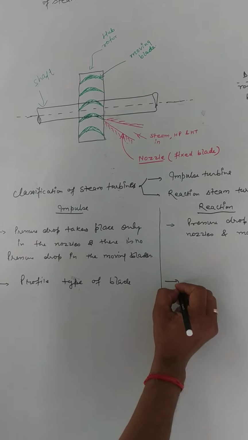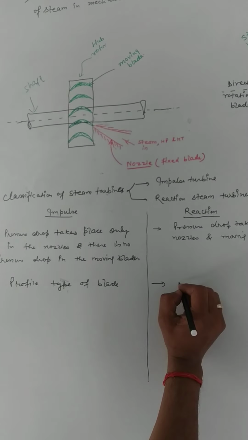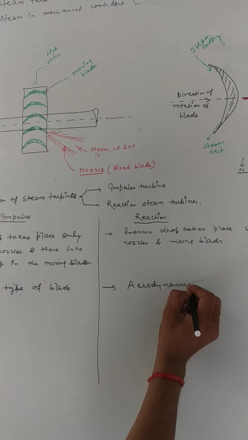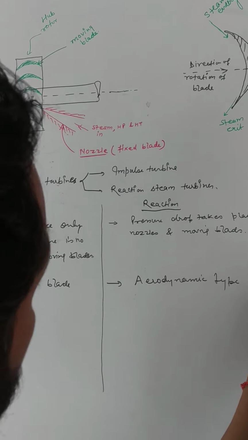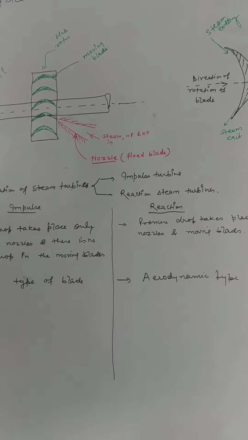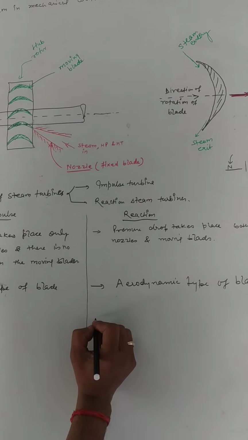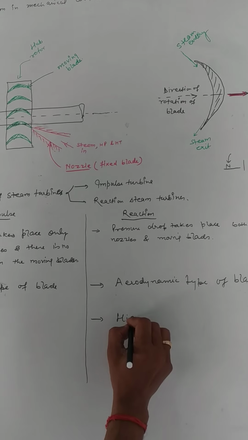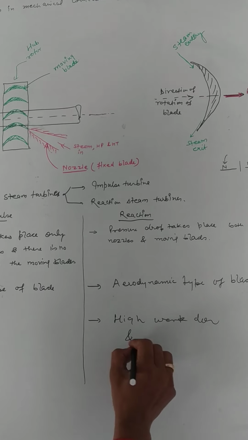And in case of the reaction turbine, special blades are used, in the shape of aerodynamic blades. These aerodynamic blades are difficult to manufacture. That's why this turbine is very critical, and it has high work done and high efficiency.